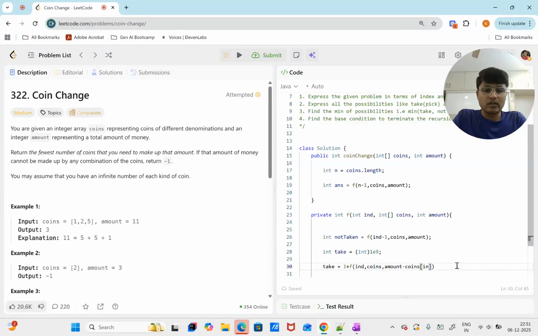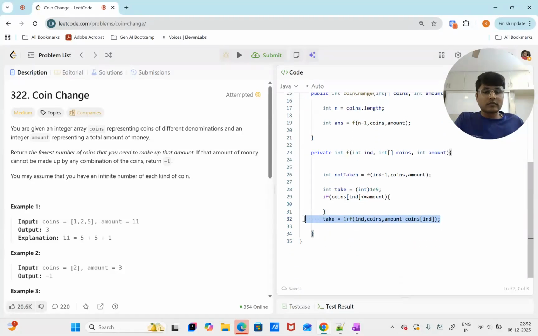So we are just reducing target amount. And can we take always, or there will be one condition, which is that coins at that particular index is less than or equal to the amount, then only we can take, otherwise we cannot take it, right?